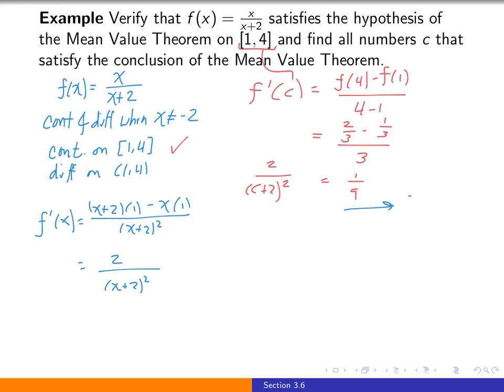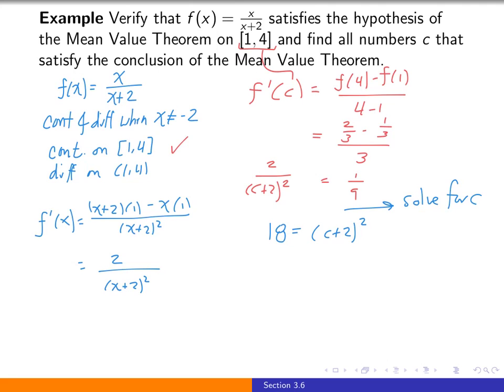And what we now need to do is solve for C. So to solve for C, we can multiply both sides by 9 and multiply both sides by C plus 2 squared. And this is going to boil down to being a quadratic type equation.